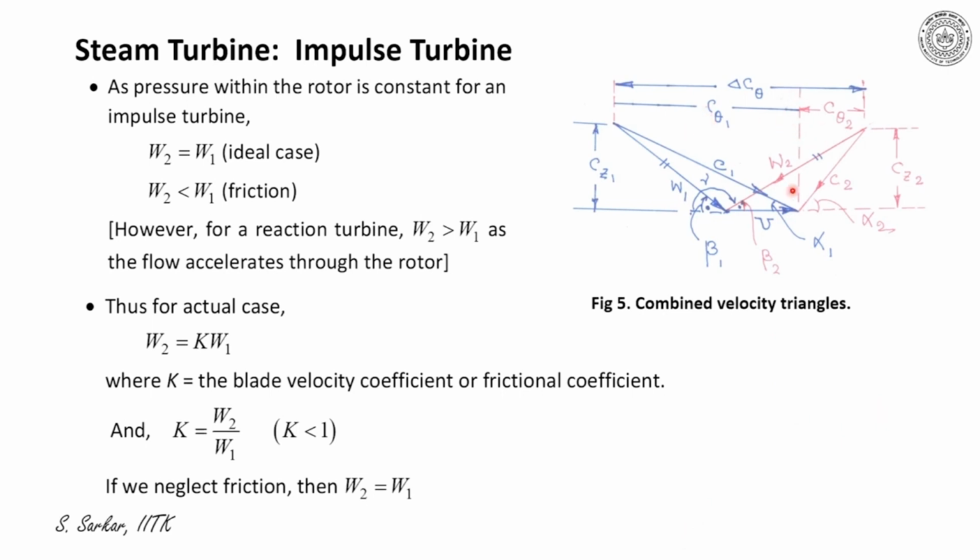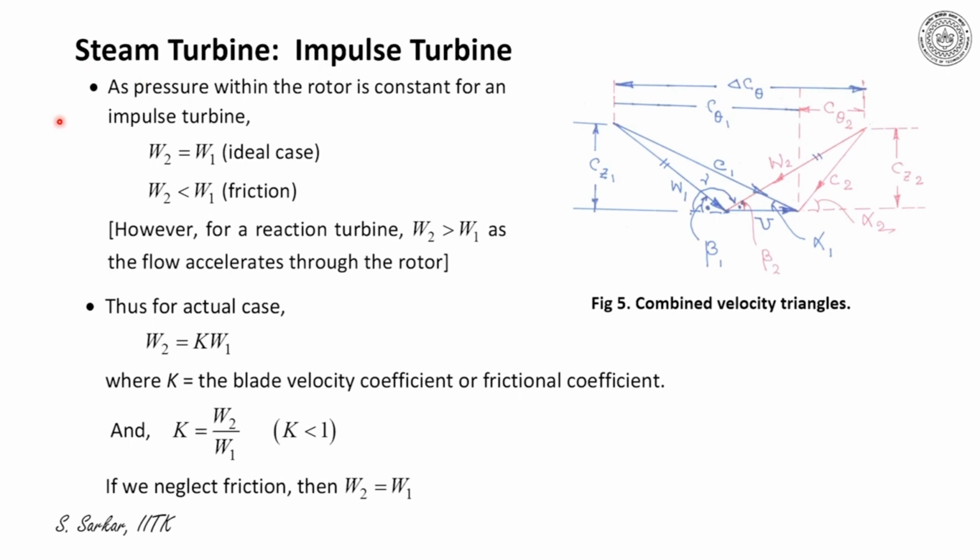Here C theta 1 plus C theta 2 will give del C theta, and CZ1 be the axial component of C1. Similarly, CZ2 be the axial component of C2. Now this is so far the combined velocity triangle. Now let's come to the discussion of impulse turbine.